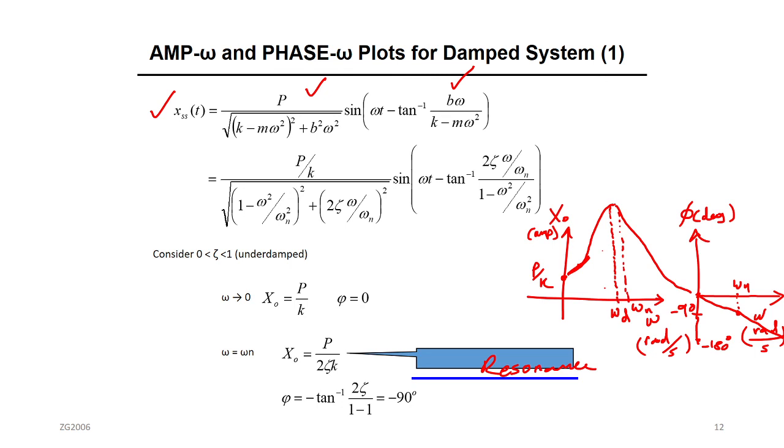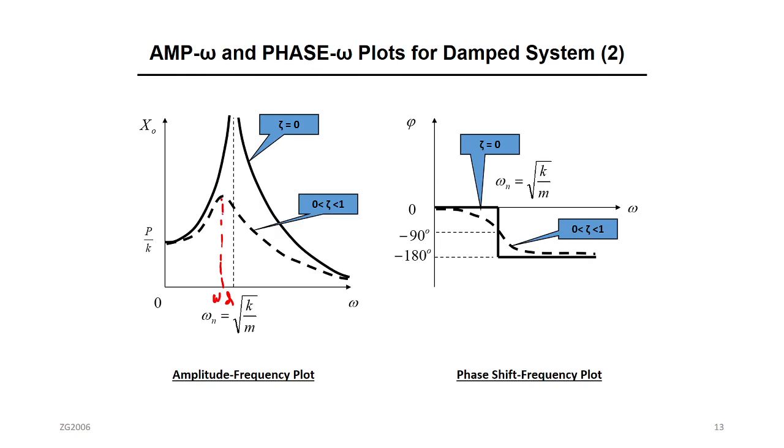The peak frequency, this is the highest peak, will be just below omega n, which is our omega d, the natural frequency of the system with a damper. This is omega n, right after omega d. So this is the resonance here, and this is the resonance for a system without damper.